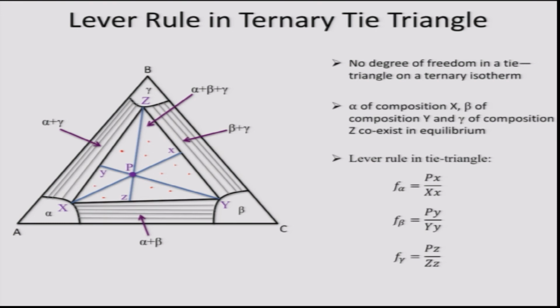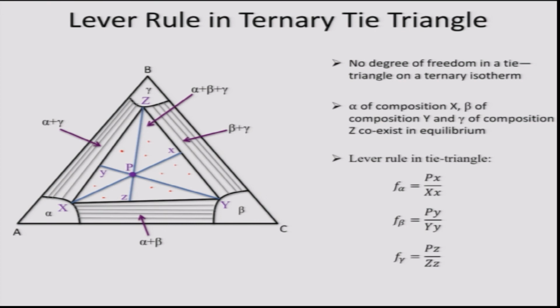With change in composition within this three phase region, the only thing that will change are the phase fractions of individual phases. The compositions of the phases remain same. Since the degree of freedom is 0, hence the three phase region on a ternary isotherm is usually a triangle.